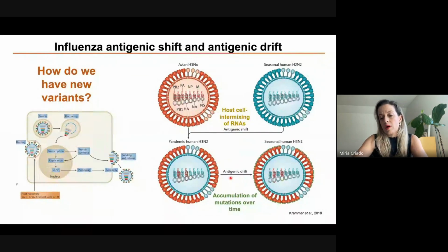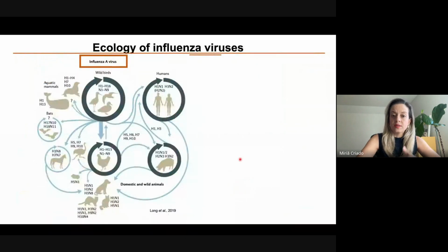This is the reason we call it antigenic drift. That is the common way that influenza can generate more variants. But all these variants and this possibility of being generated through replication is not only due to the mechanisms of influenza replication in the host cells, but also because the ecology of influenza is really complex.